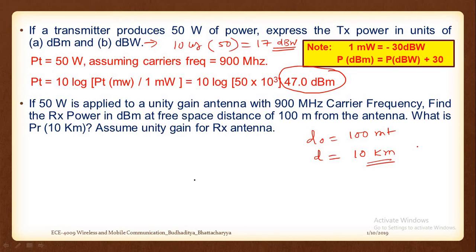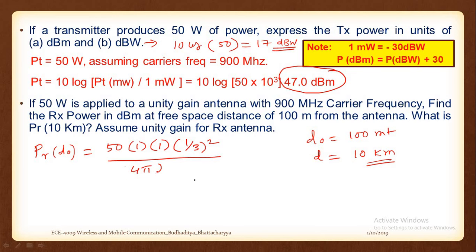All very easy actually, because you have the formula. Consider P at D0 to be given by 50 multiplied by 1 multiplied by 1, your lambda square, which we have just calculated in the last problem, 900 megahertz, by 4 pi whole square.